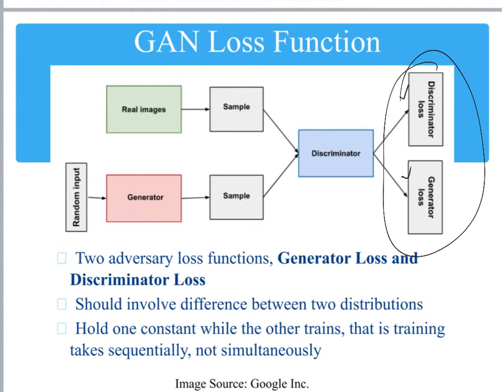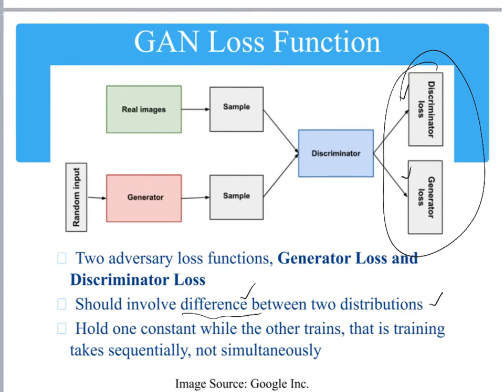This actually involves some sort of combination of two distributions, okay? Ideally, we'd like to see the difference between two distributions, because you are trying to make sure that you are transforming one distribution to another. So the loss function should involve some sort of combination or difference between two distributions.